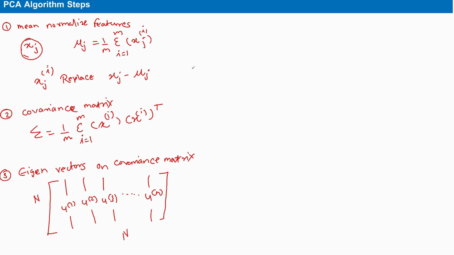Then the fourth step is, if you want to reduce the dimension of the features from n to k, then from these eigenvectors you need to select the first k eigenvectors, which is nothing but the k columns from the eigenvector matrix.